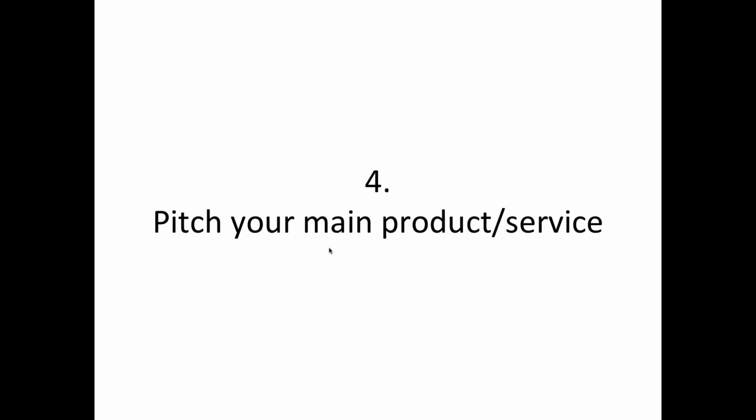And now you have segregated the leads into micro leads and macro leads. So what you're going to do is pitch your main product and service. Continuing with the example that I'm an advertising agency, I am going to specify that if I have generated 100 leads, how many of those 100 leads are micro and how many are macro.